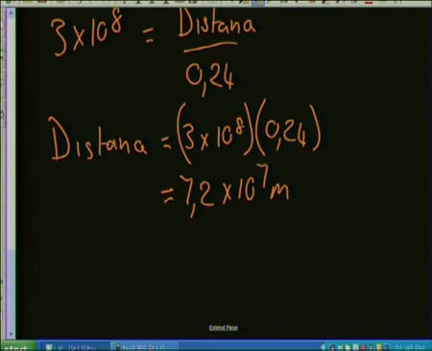Now, 72 times 10 to the 6, or 7.2 times 10 to the 7. I hope you can see we've divided the 72 by 10 and increased the exponent by 1 to give us 1 decimal place, and that gives us the correct answer.